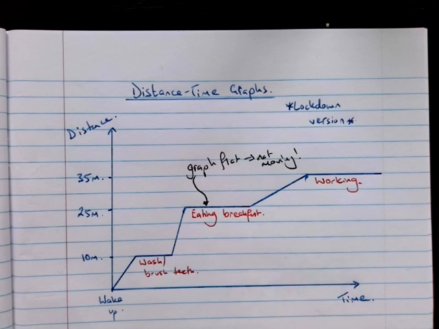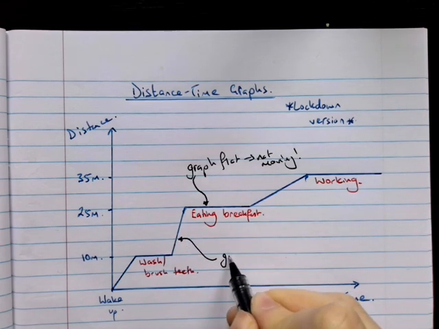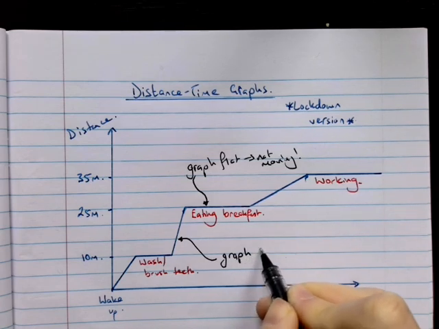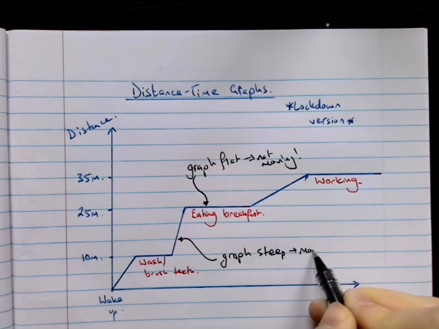And then here, the graph is steep. You are moving fast.